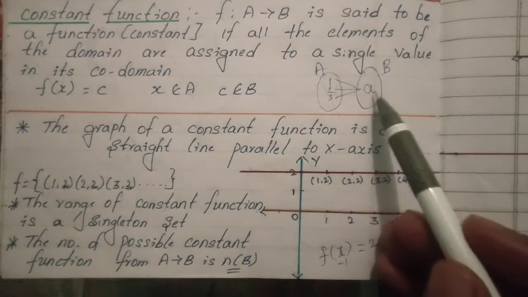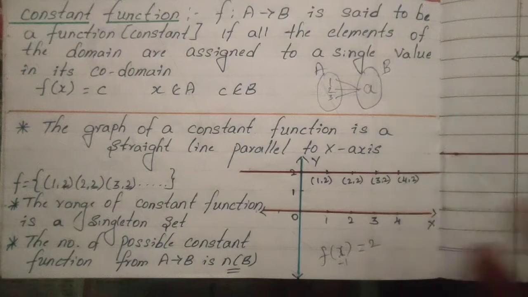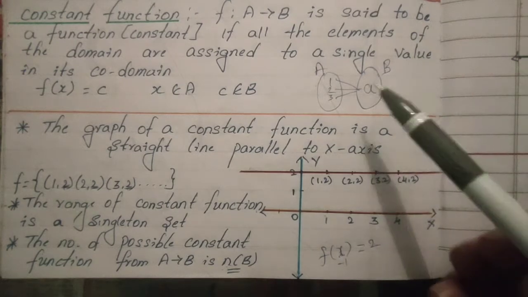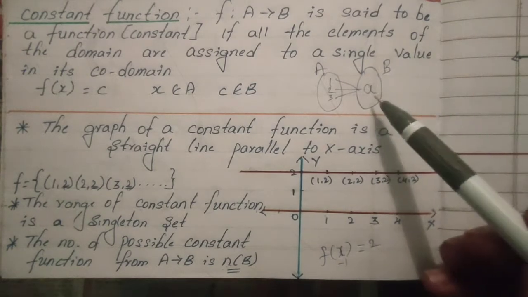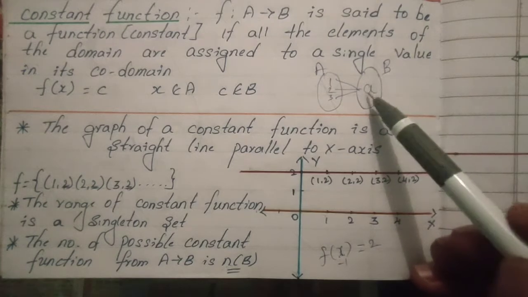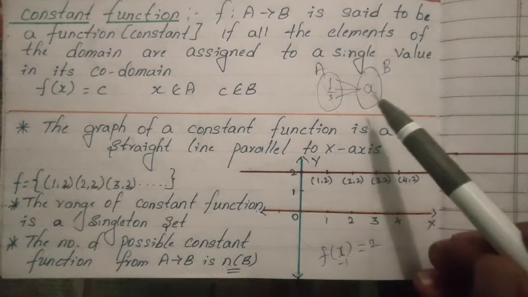The range of a constant function is a singleton set. Look at this range. It is only one element. The number of possible constant functions from A to B is nothing but the number of elements in B. Suppose here there is only one element, how many constant functions can I create?